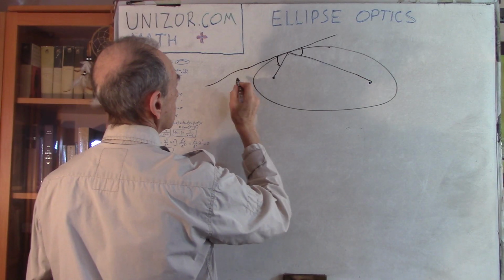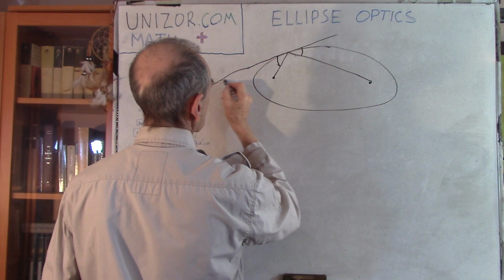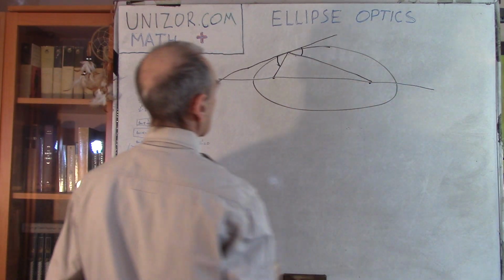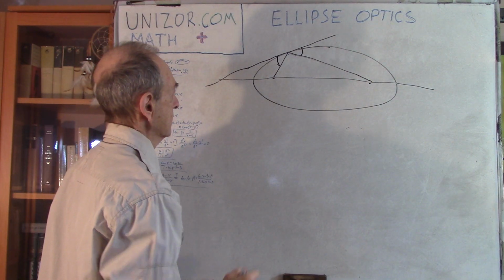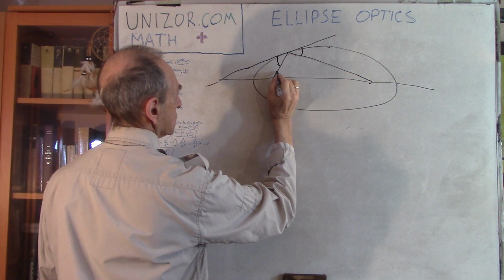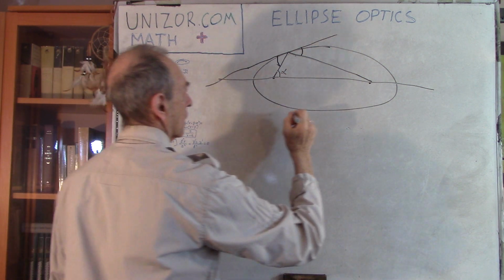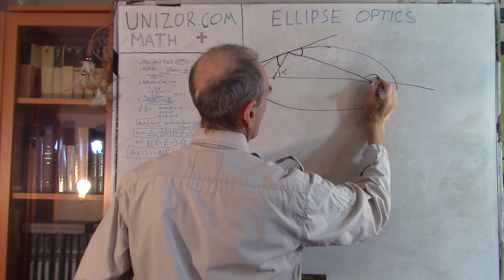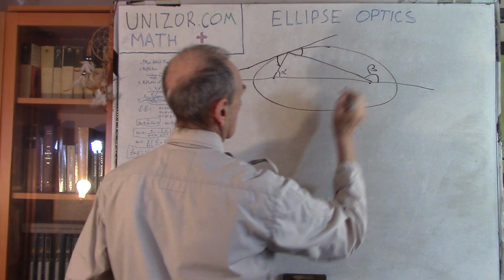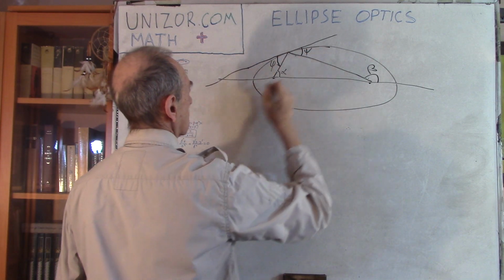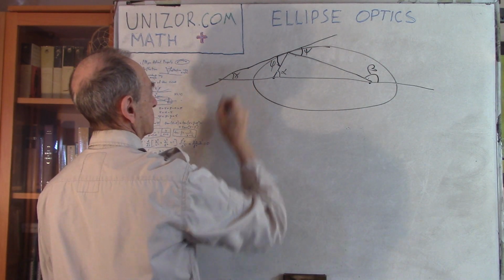So what we will do is connect the major axis here, and we will have angles alpha, beta, phi, psi, and gamma.